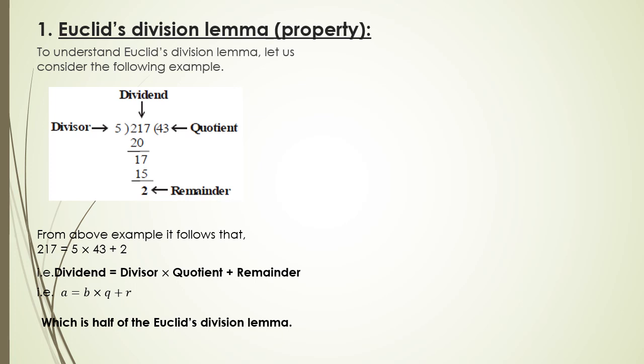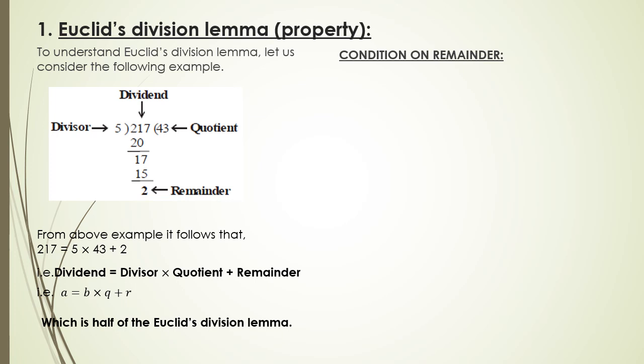In the same way, if we divide any positive integer by some other positive integer, both integers are going to satisfy the same relation, that is dividend is equal to divisor into quotient plus remainder. Just remember that henceforth we are going to use A for dividend, B for divisor, Q for quotient and R for remainder. Now let us see the remaining half of Euclid's division lemma.